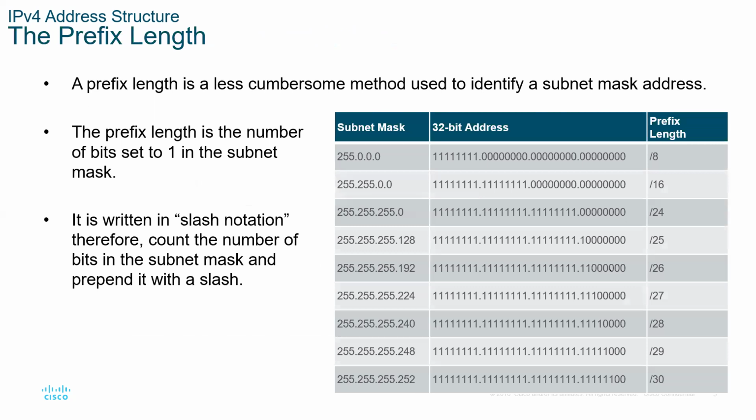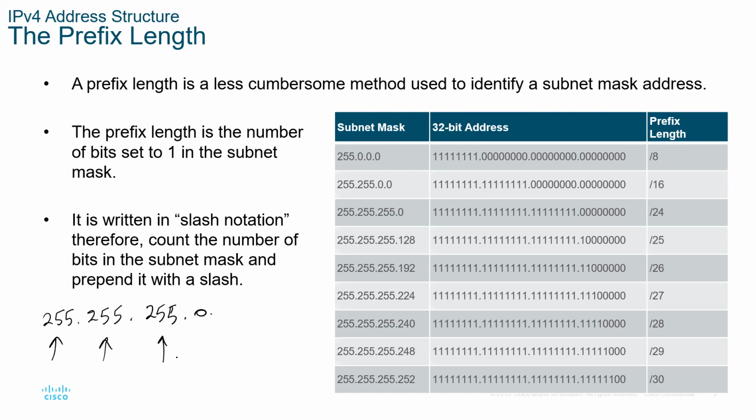The prefix length is a way to identify the mask. The prefix length is the number of bits set to 1 in the subnet mask. Instead of having 255.255.255.0, as in the previous example, that is the subnet mask, what it means is I have all ones here, 8 ones, 8 ones, 8 ones.